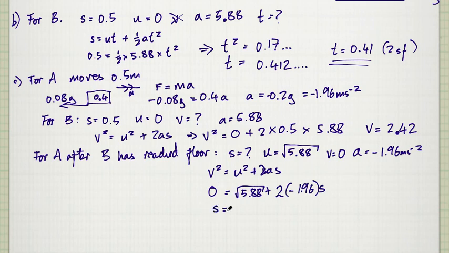So S equals minus 5.88, I'll leave the minus signs in, bring that to the other side, over 2 times minus 1.96.